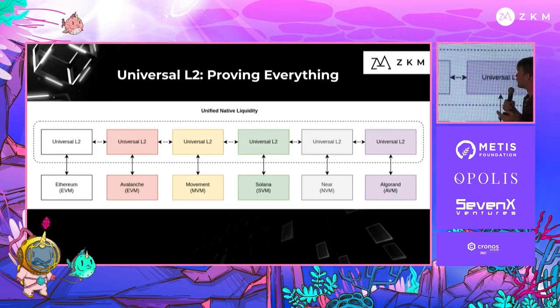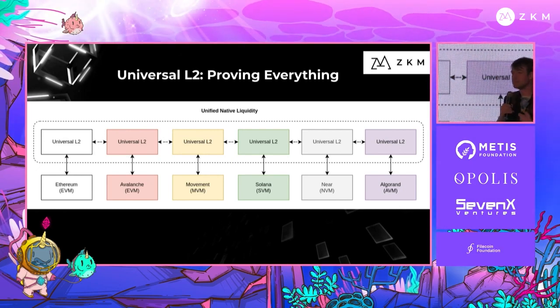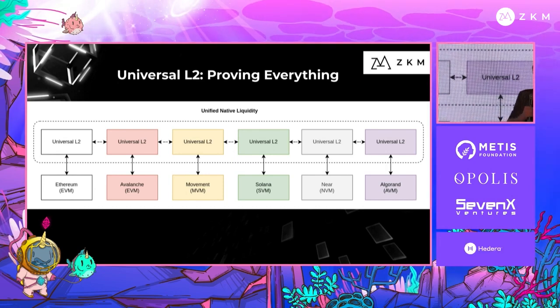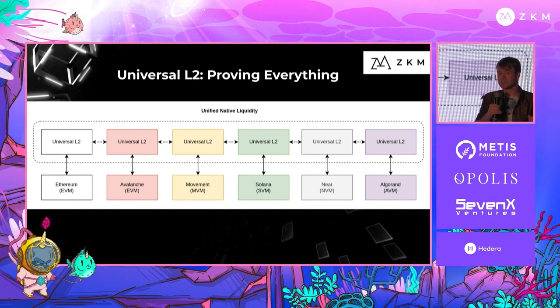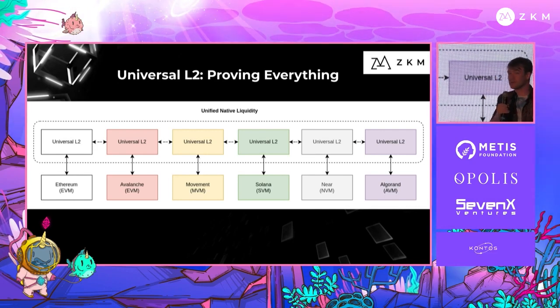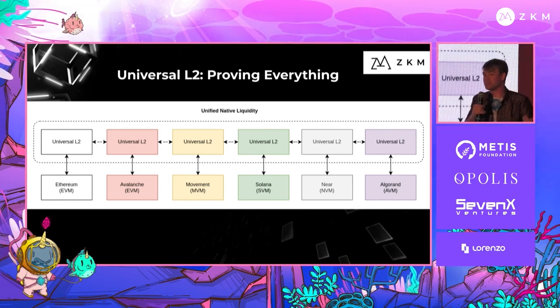What does this mean overall? And what do I mean by watch me prove everything? Within ZKM's ZKVM, we are able to prove general computation that occurs. What does this mean? Well, I can run VMs inside of my VM, inside of the ZKM's VM.